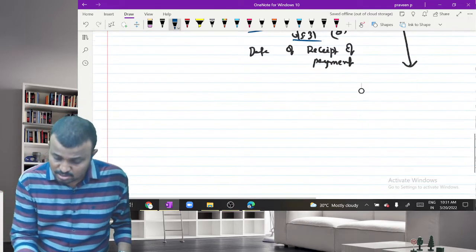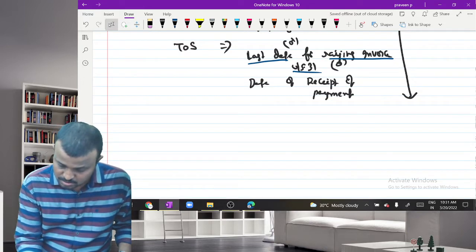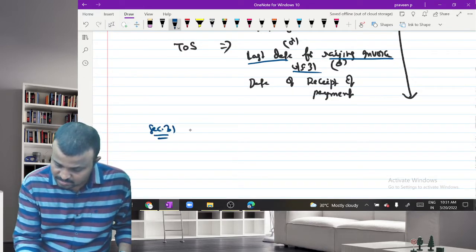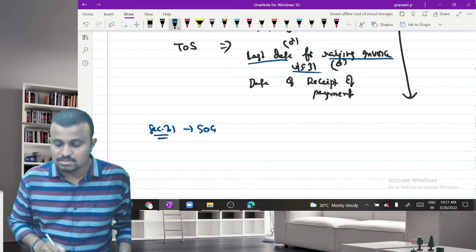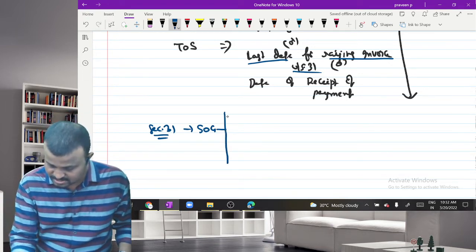But here, coming to the supply of goods as per section 31, what is the last date for raising the invoice? So we will discuss here.